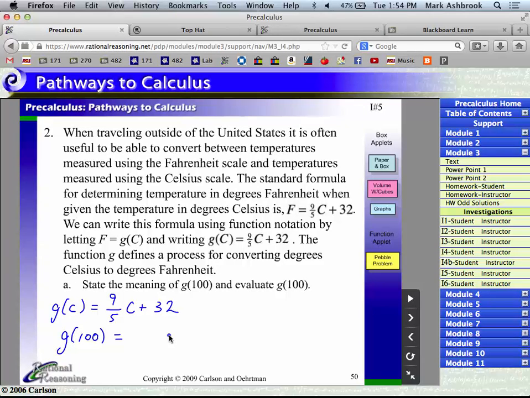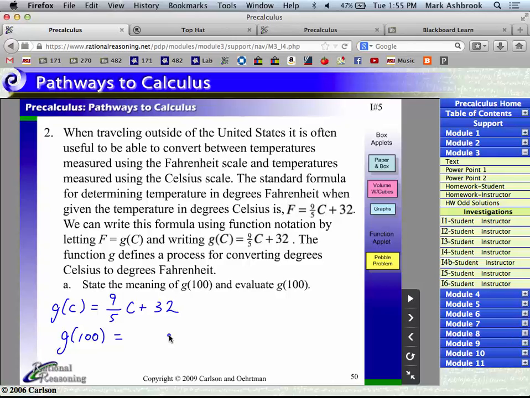Brooke, what is it? So G of 100 means 100 degrees Celsius. Is that right? It means 100 degrees Fahrenheit. You keep changing. Keep going, talk it out. And what does the output represent? Okay, so there you got it.